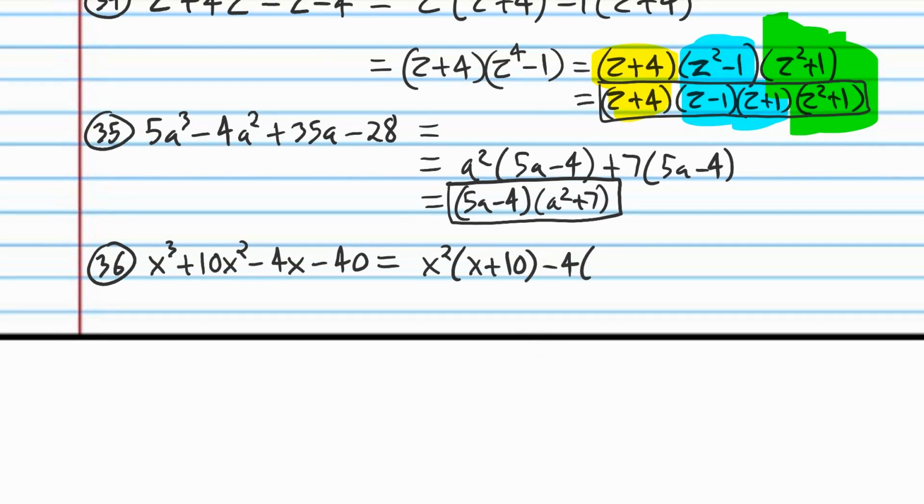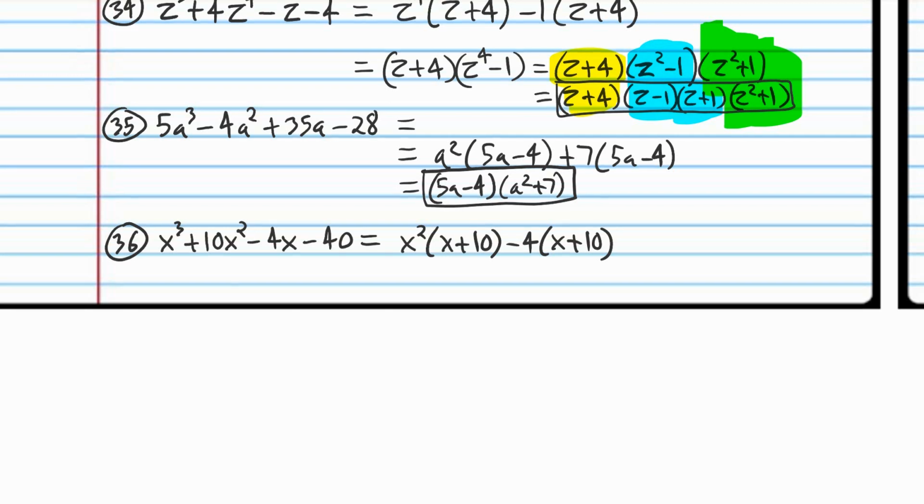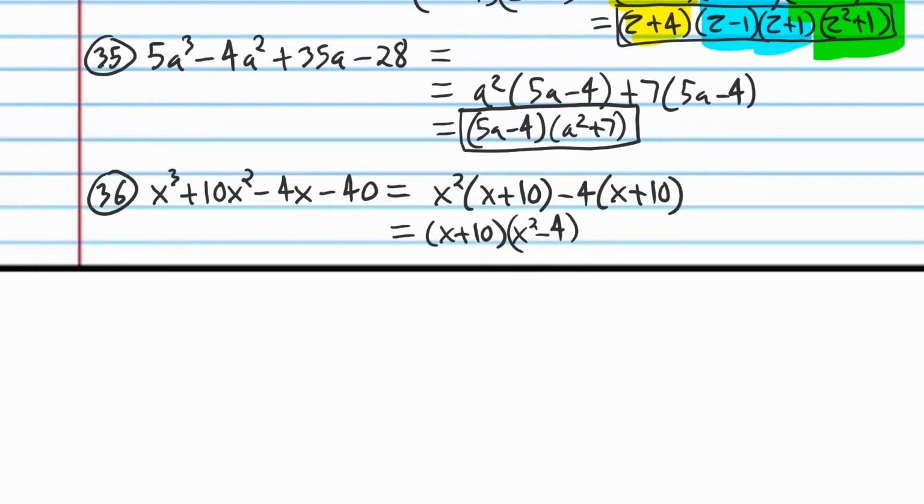Factoring out a -4. And now we can factor out an x plus 10. But we're not done because we have the difference of two squares here, so we can continue to factor.